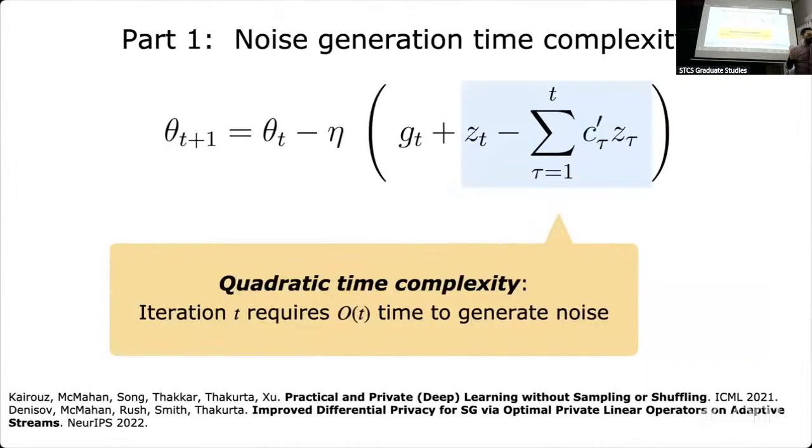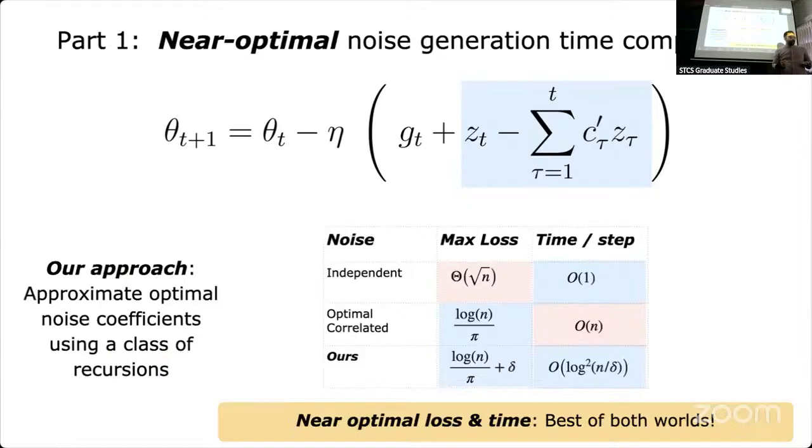In the first part of the talk, I'm going to focus on the time complexity of noise generation. In each iteration I need to subtract out parts of noise that I've previously sampled. If I do it naively, it's going to take quadratic time complexity. So can we do it better? Our approach is to approximate these noise coefficients, which I've denoted here as the C tau prime notation, which will become clear later about why the prime is there.